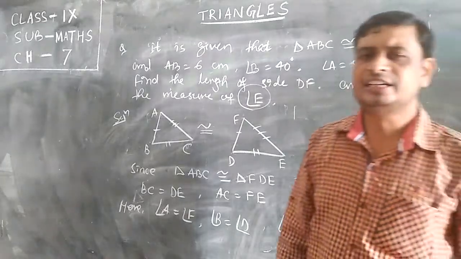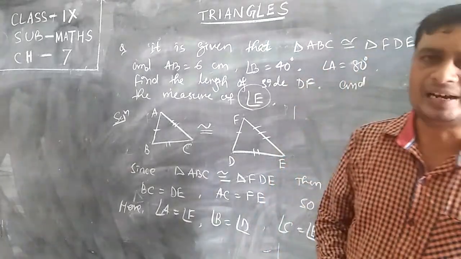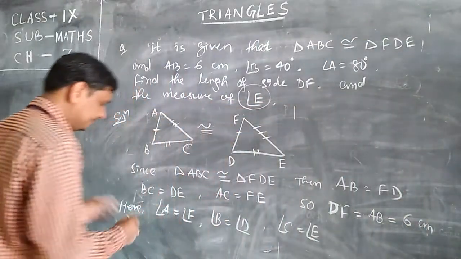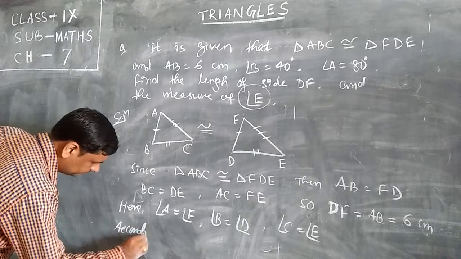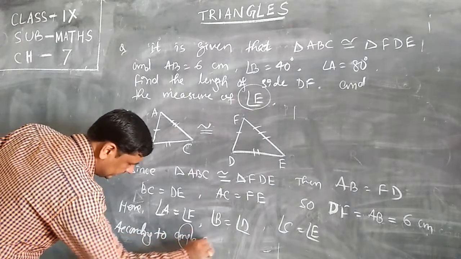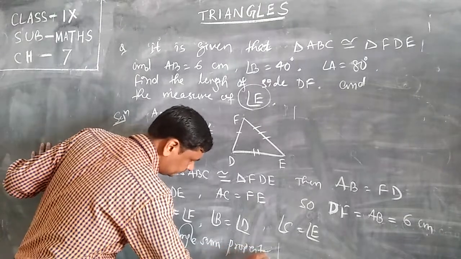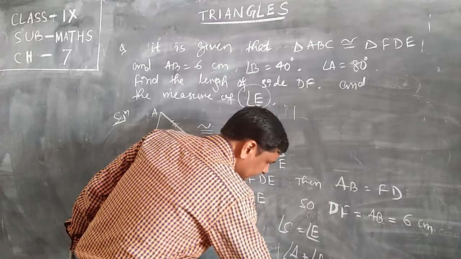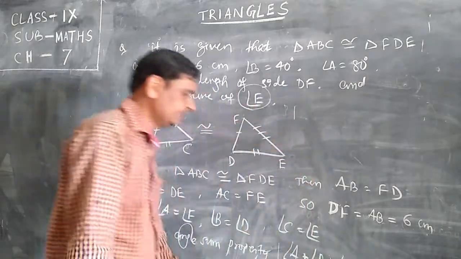Whenever we add all the interior angles of any triangle, we always get 180 degrees. So according to the angle sum property, angle A plus angle B plus angle C is 180 degrees.